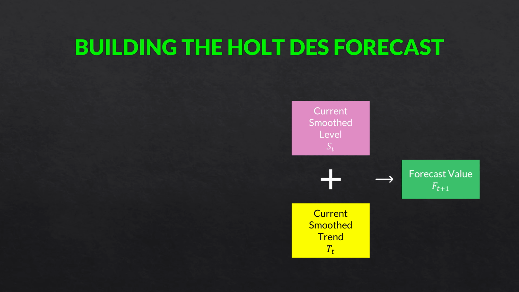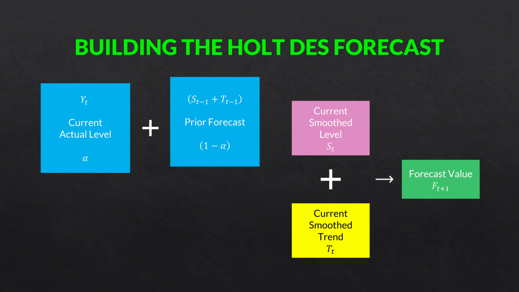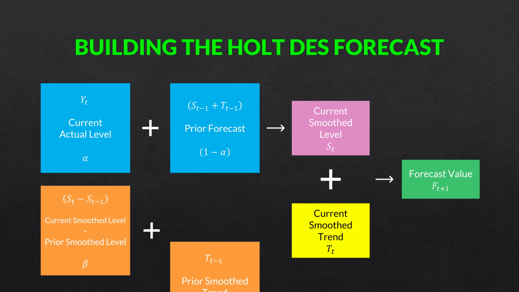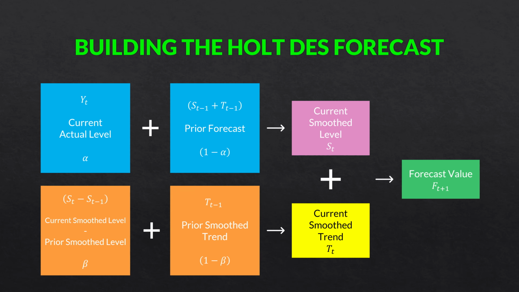Now each one of those is also comprised of two parts. The current smooth level is comprised of the current actual level in the time series itself, plus the prior period forecast. Now remember, that entire top line there is what we do in simple exponential smoothing. Current actual level plus the prior period forecast, and we weight each one. The bottom component, current smooth trend, is built with the current smooth level minus the prior smooth level.